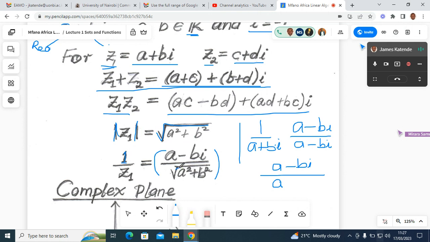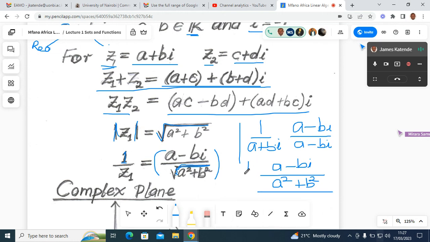Oh, there should be no square root here. I don't know why I have put a square root sign. I think that's that now. Yeah, the square root sign should not be there. So this is what you get. It's good I decided to do the computation.